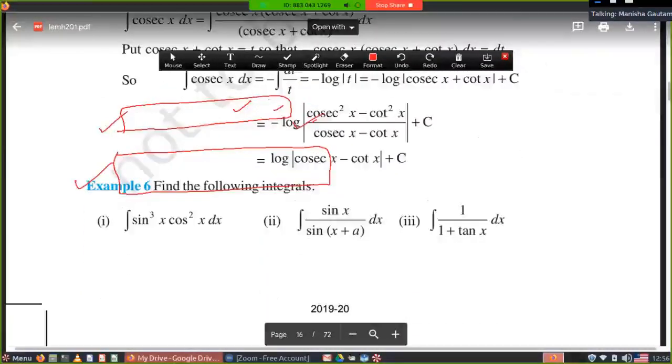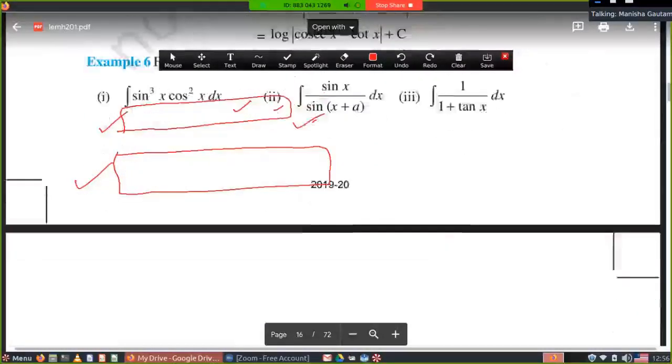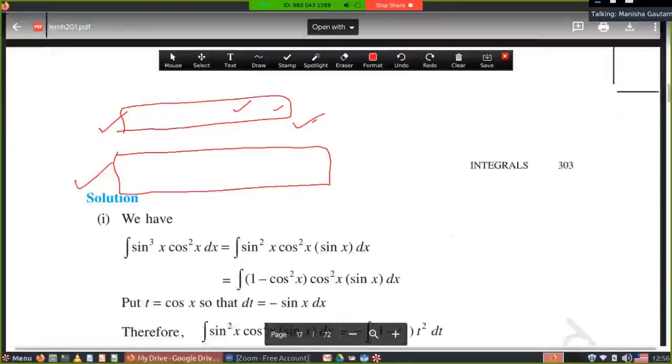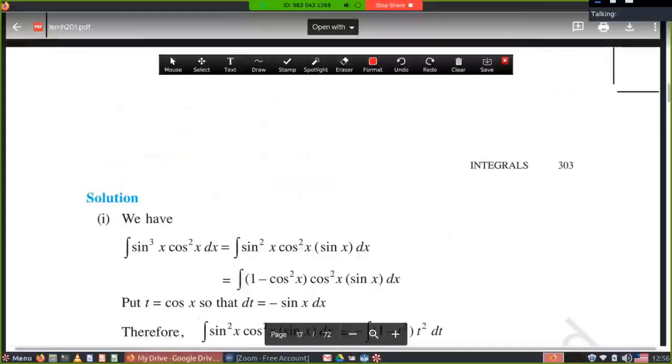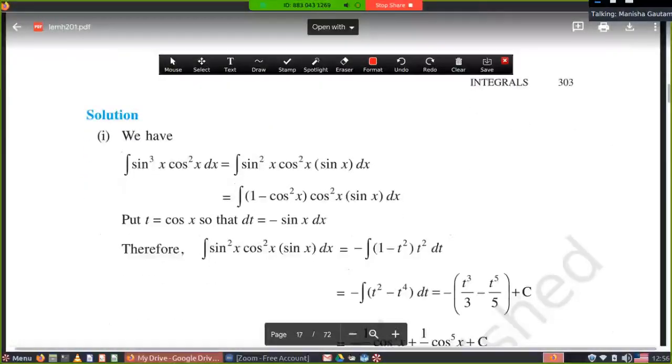Yes, now we have to do example number 6, part first. The question is, integrate the function sine cube x into cos square x.